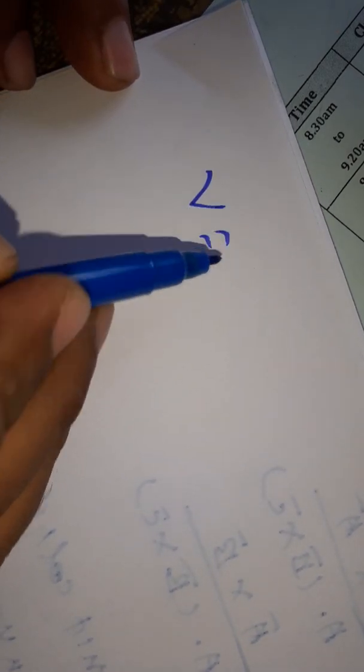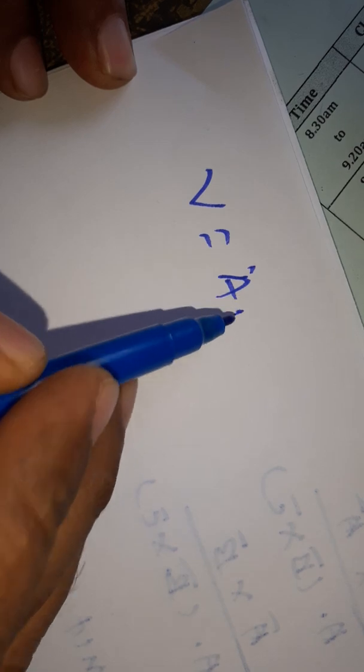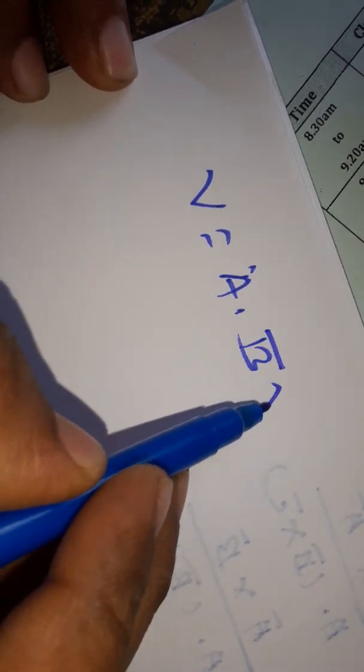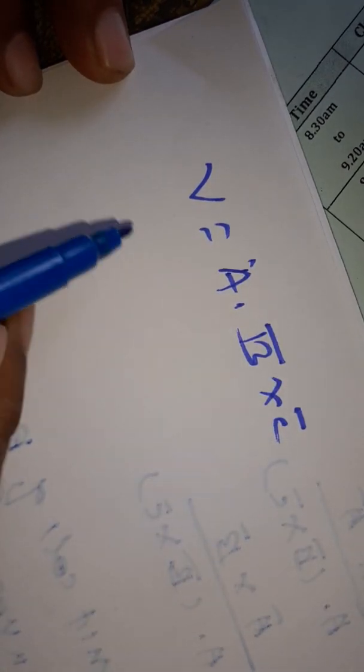So can we determine the volume of the unit cell in a reciprocal lattice? We can write here, volume is equal to A bar dot B bar cross C bar.